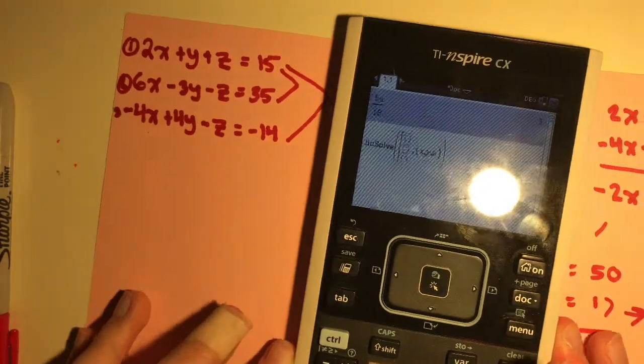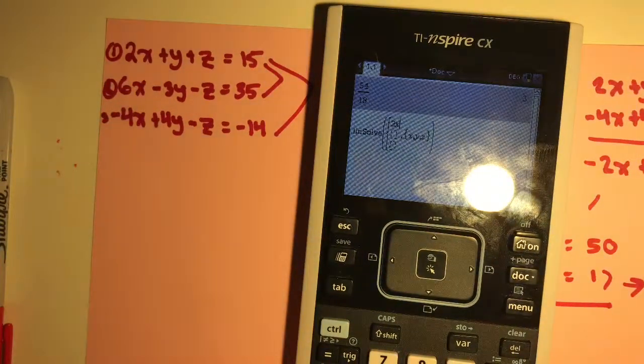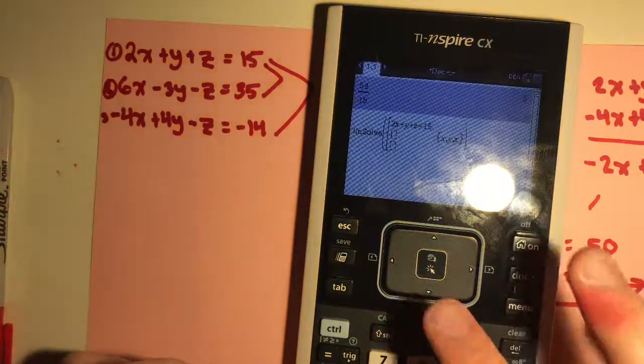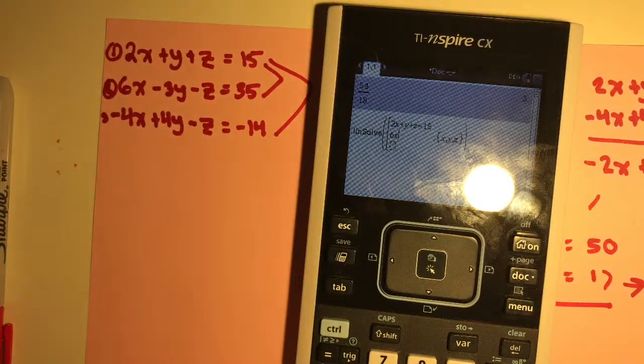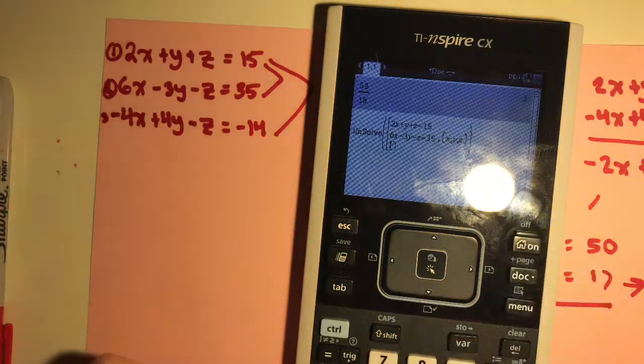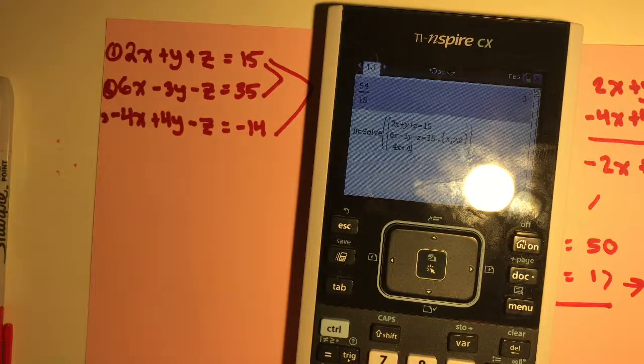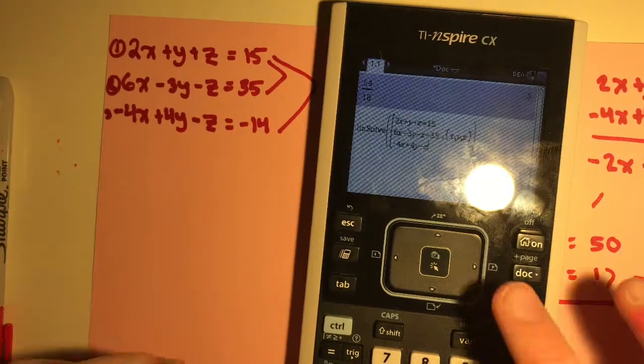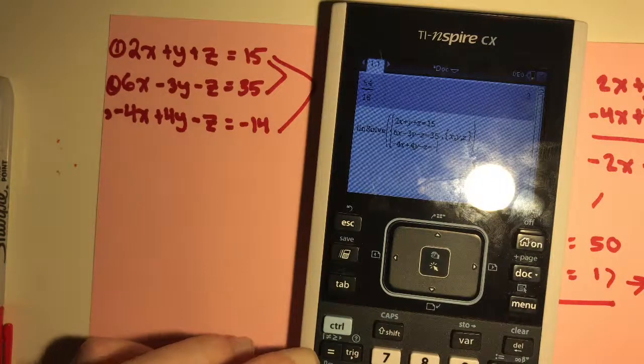So just copy your equation, 2x plus y plus z equals 15. Go down. We have 6x minus 3y minus z equals 35. And then we have minus 4x plus 4y minus z equals -14.